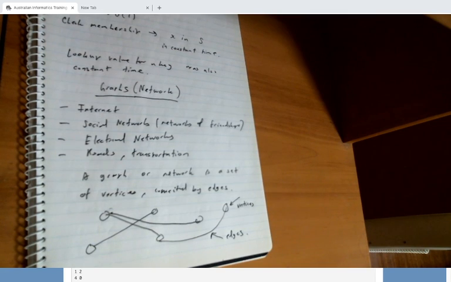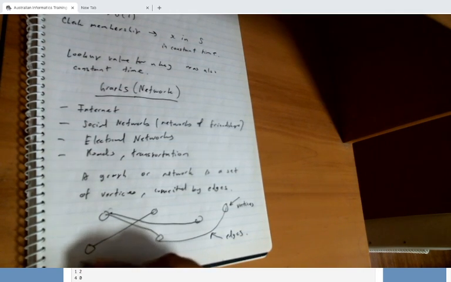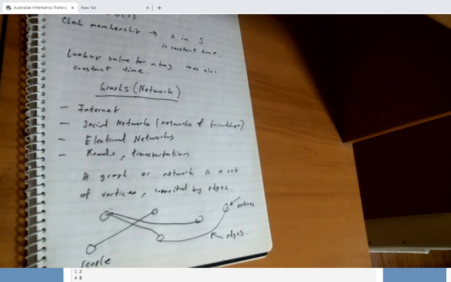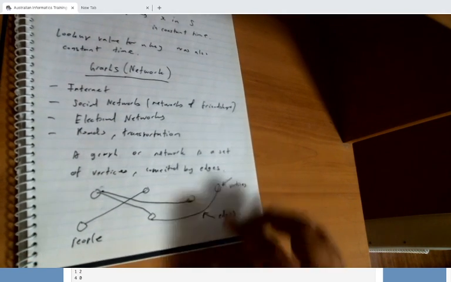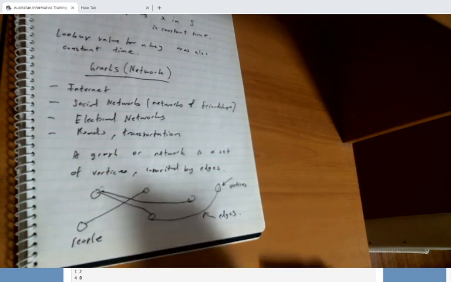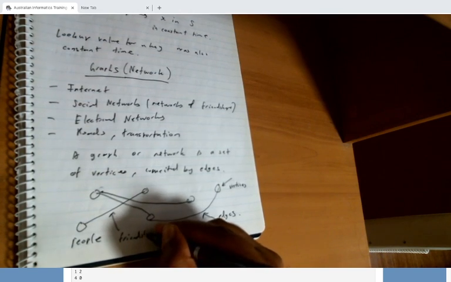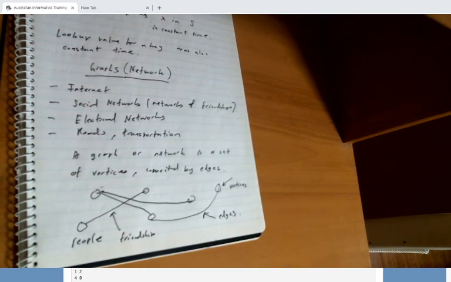So for example, let's look at social networks. In a social network, the dots or the vertices might be people, and the edges might be the friendships between people. So this edge here, this line, might be a friendship. We can have other types of networks.